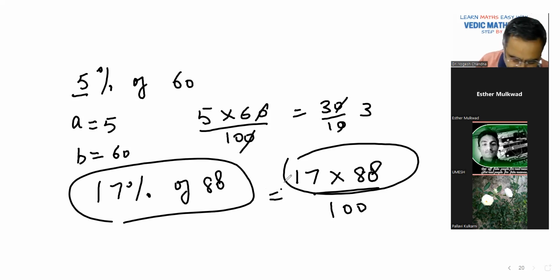What is the answer? 48.96. 40. 8.96. Sorry, 14.96. क्या हो गया मैंने कहा? 14.96.